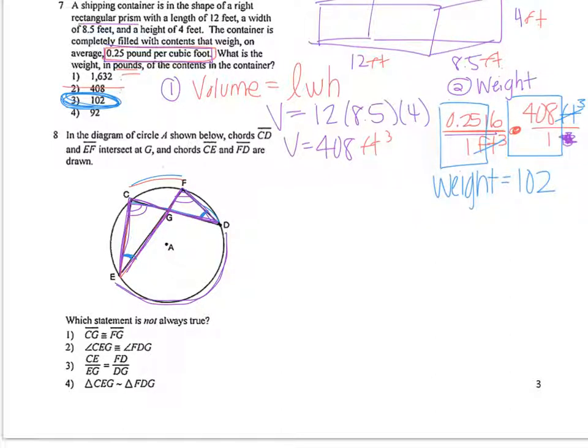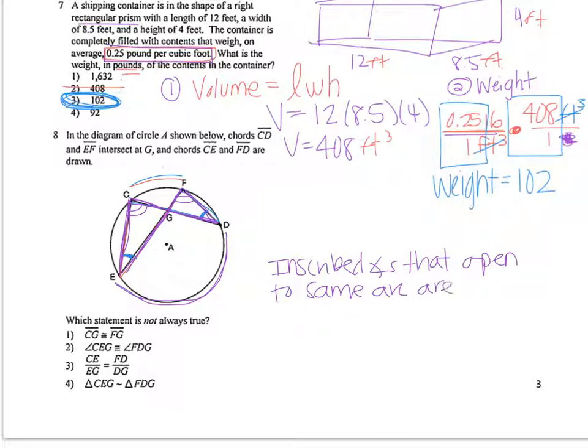So again, inscribed angles that open to the same arc are congruent. We also have a pair of vertical angles in here. And so now we have A with an extra A if we need it. But if we have AA, this means that the triangles are similar.